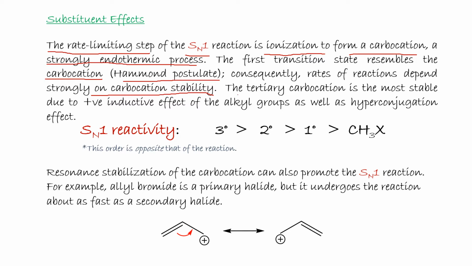The tertiary carbocation is the most stable due to the positive inductive effect of the alkyl groups, as well as the hyperconjugation effect. So for SN1 reactivity, we will find that tertiary is more reactive than secondary, than primary, than methyl halide.